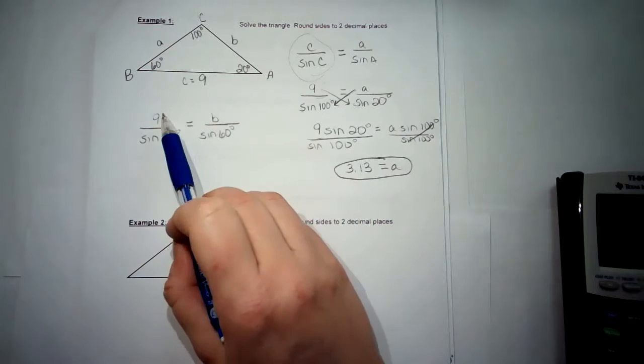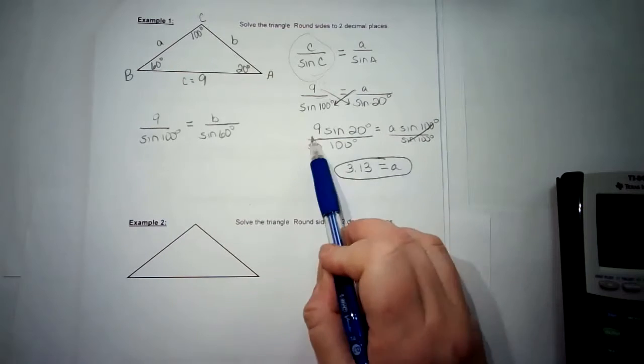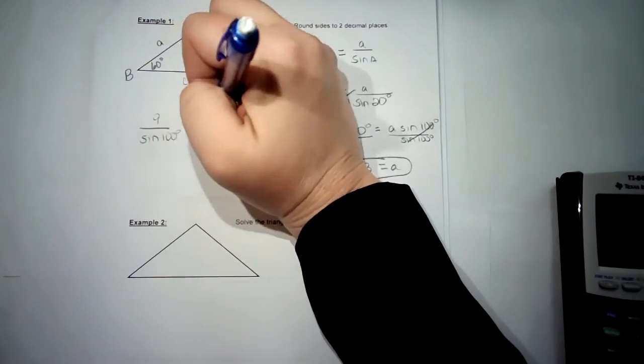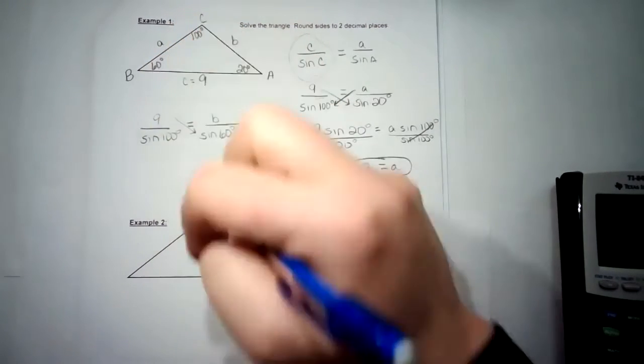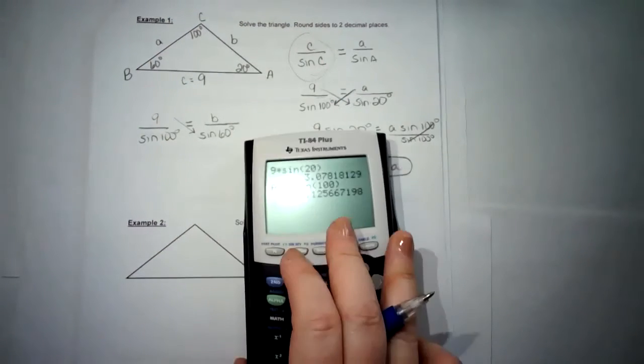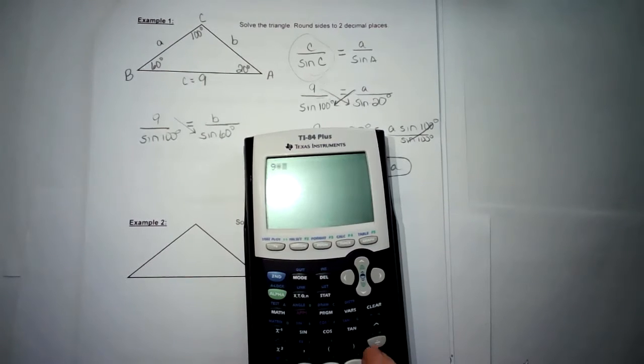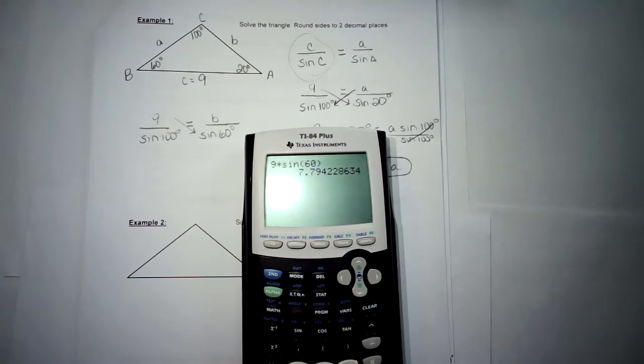If I want to, I can cross multiply and set it up just like this. Otherwise, and this is only because my unknown is on top, I can do 9 times the sine of 60. It's going to be a little more complicated because the one unknown is on the bottom.